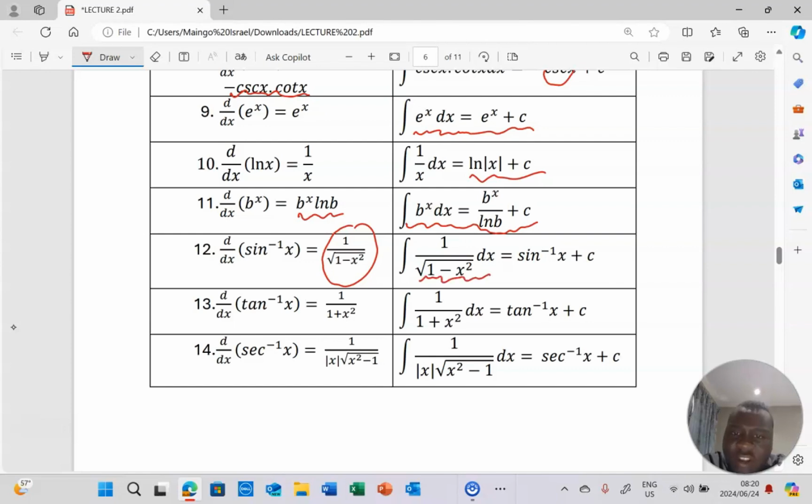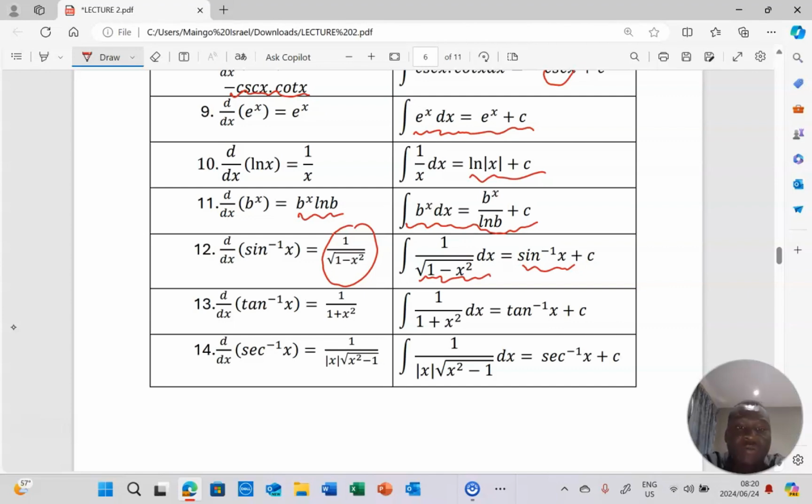These are called inverse trigonometric functions, so we are going to discuss much more about them at a later stage. But the integral of 1 over square root of 1 minus x squared with respect to x, we ask ourselves again, what do we differentiate to get 1 over square root of 1 minus x squared, which is nothing but the inverse sine of x plus a constant c. That's how we do it.